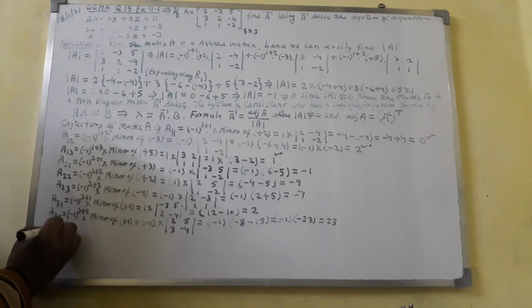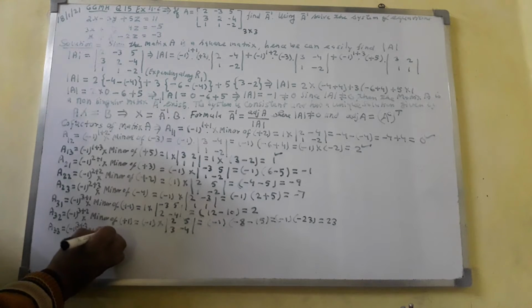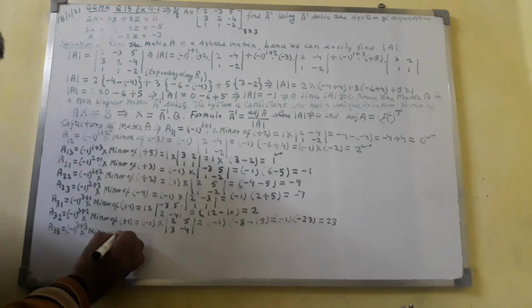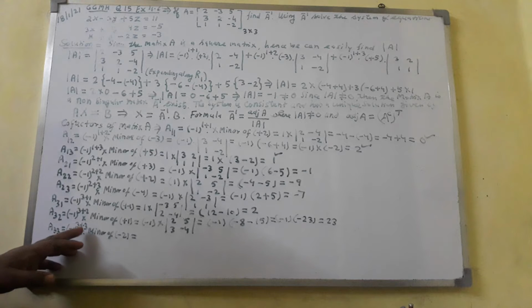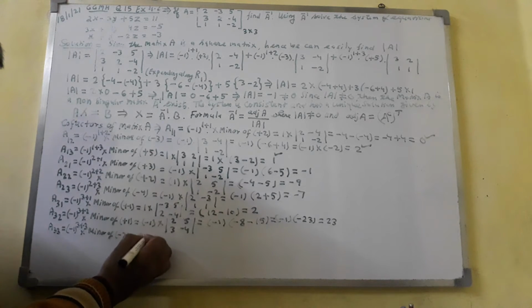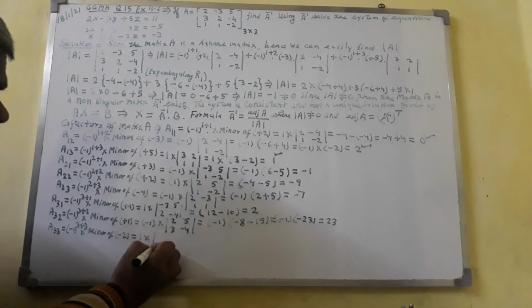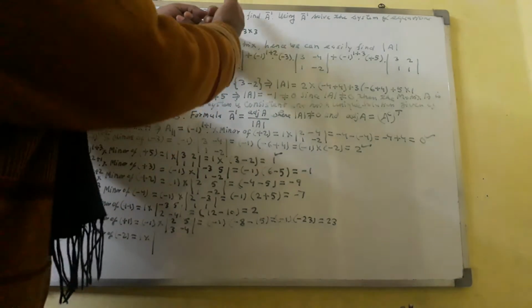So here write A input double 3. So minus 1 raised to the power 3 plus 3 into minor of, for this element minus 2, equal to 3 plus 3 comes out to 6, minus 1 raised to the power 6 comes out to here 1 will multiply to minor of minus 2. Minus 2 is there in third row and third column.